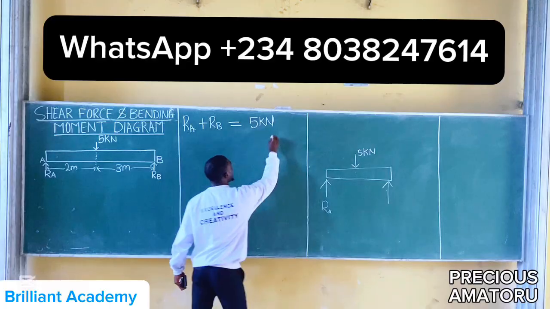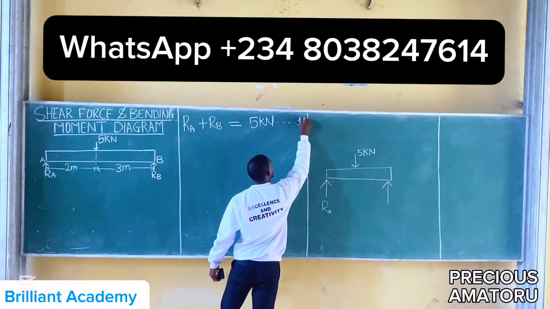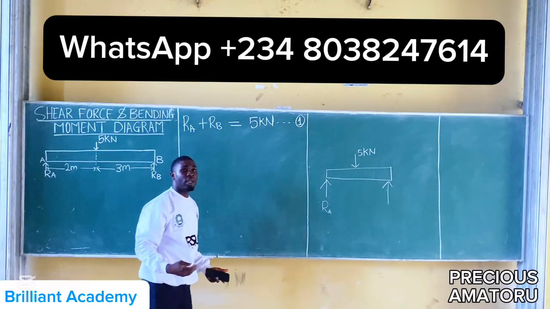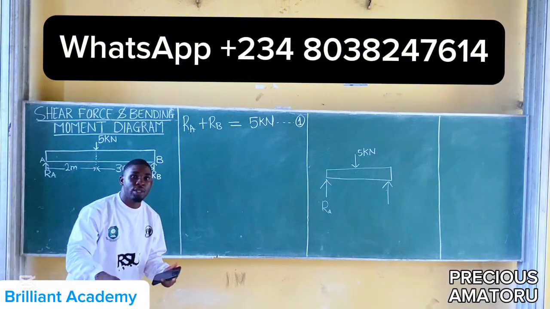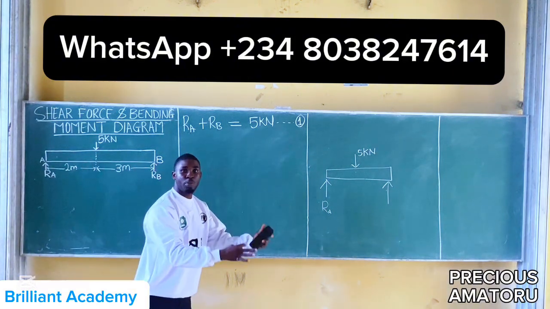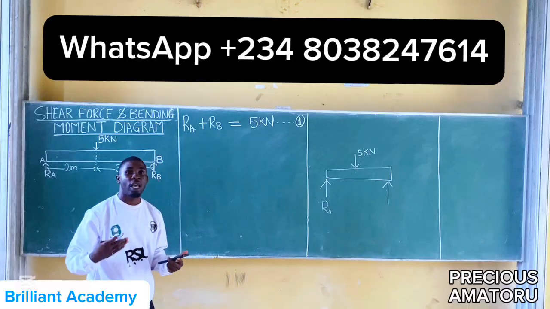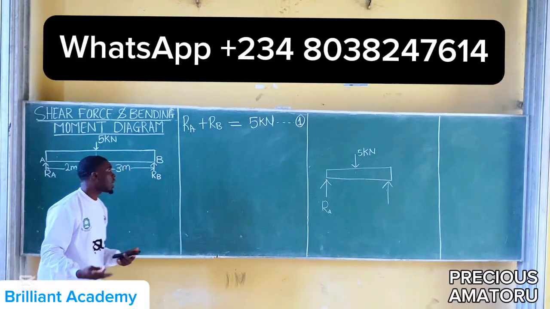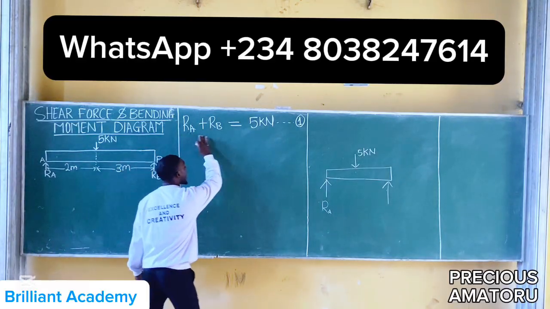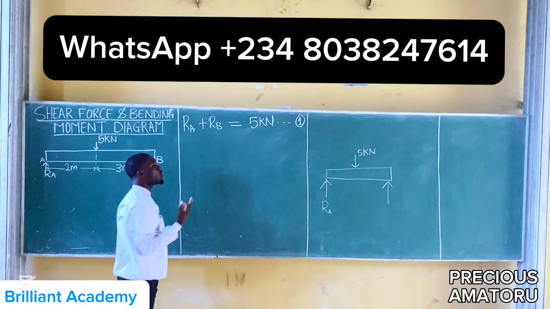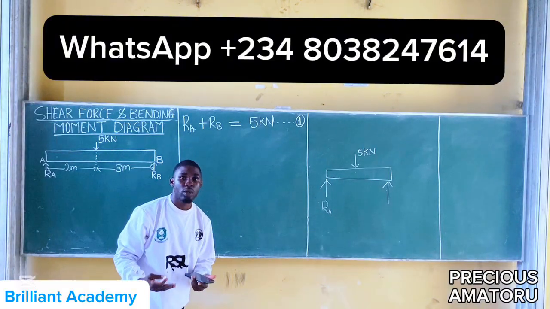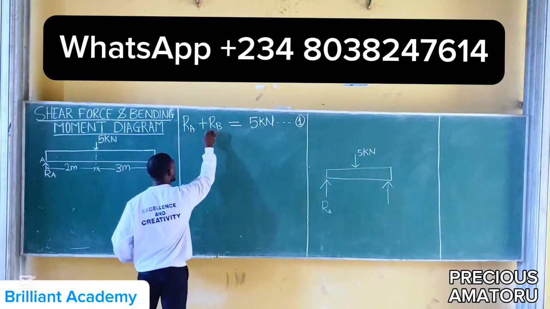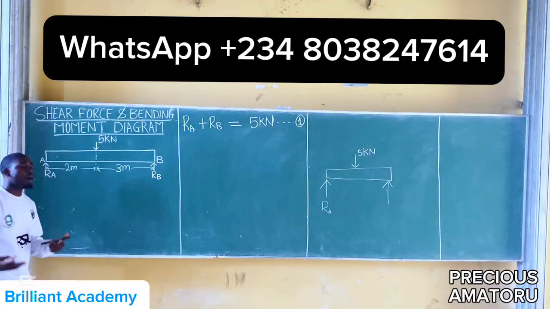Alright, so we are going to call this equation 1. Just follow me gradually. I'll try my best to make the concept very easy. So when we get to complex problem, you already have the concept and you know how to make your calculations. So this is our first expression. We are going to use the idea of moment to find these two forces. Now this is how this is done.